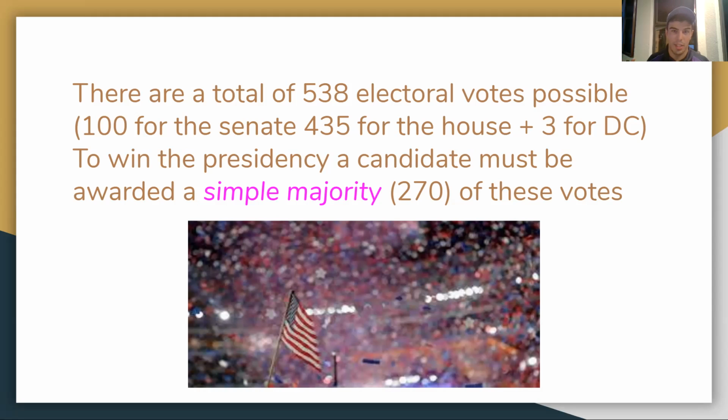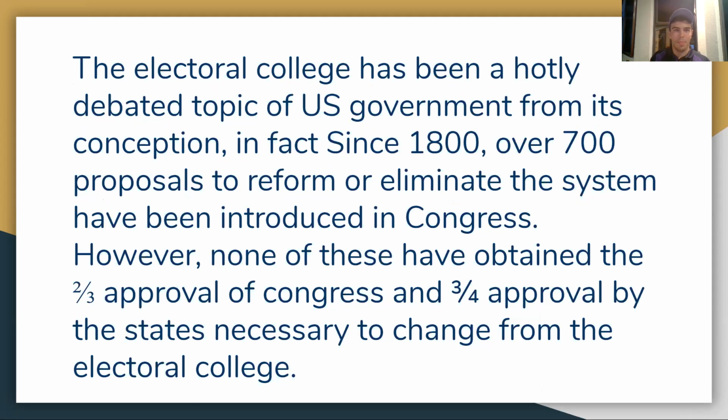So a simple majority of the 538 is 270 of these votes. So once you win a combination of states that gets you to 270, it doesn't matter how much you win them by, you pile up those electoral votes in the Electoral College to 270, you win the presidential election.